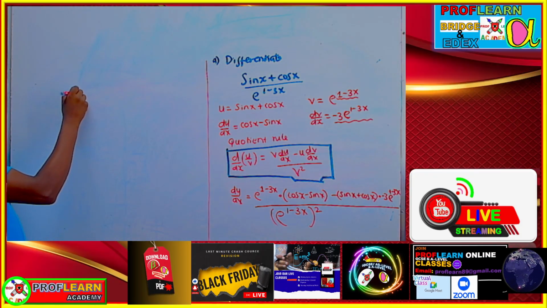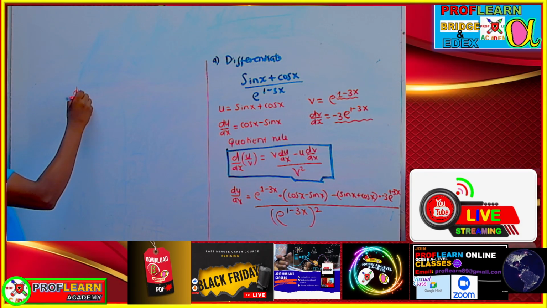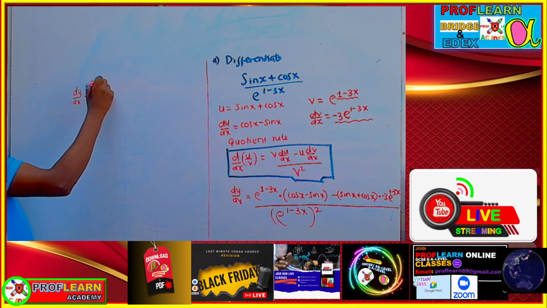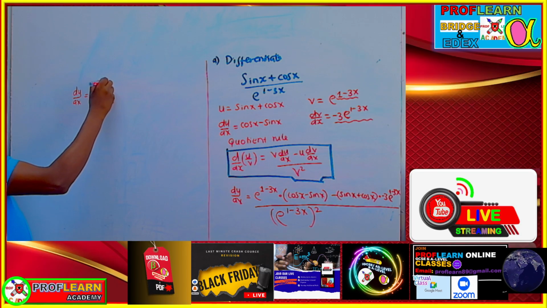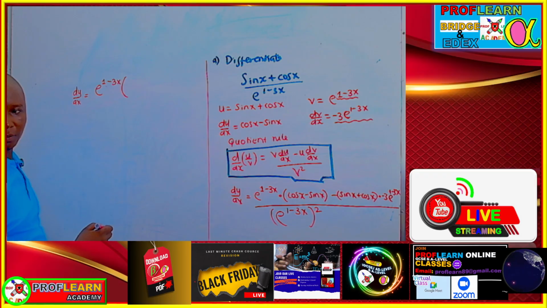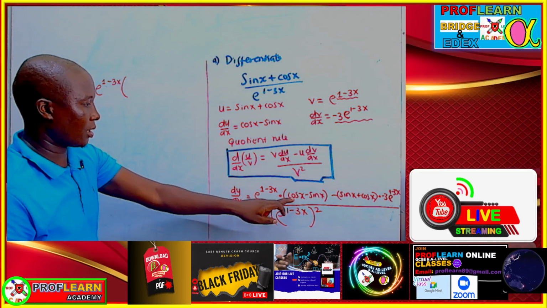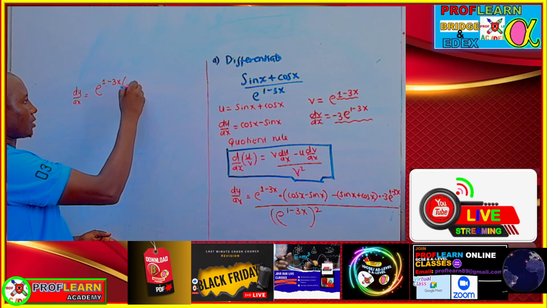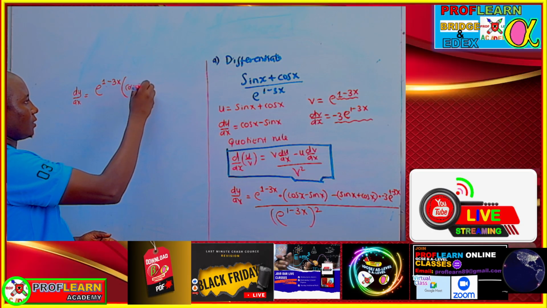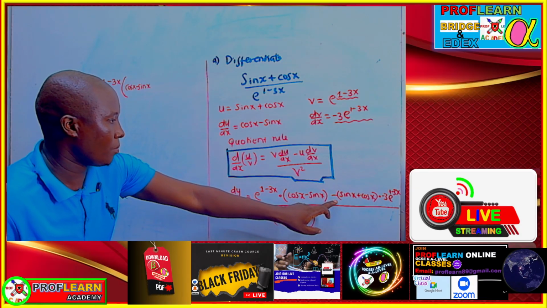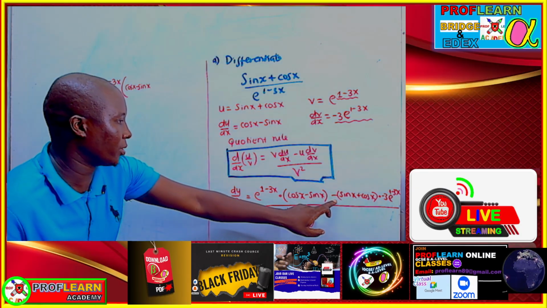This is going to be dy/dx equals, I'll take the exponent e^(1 − 3x) out, into the bracket. So I'll take (cos x − sin x), and this other part here will be minus 3 to be now positive.